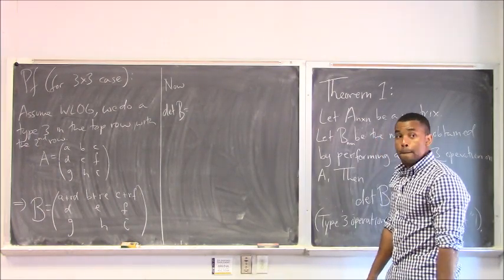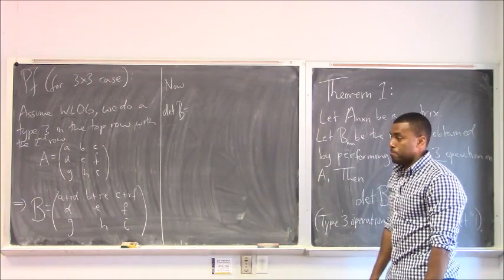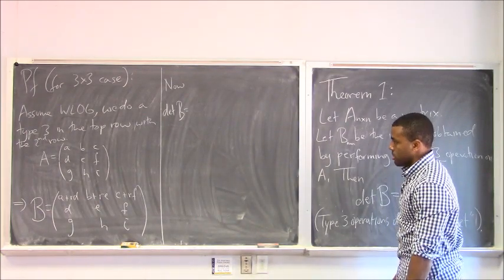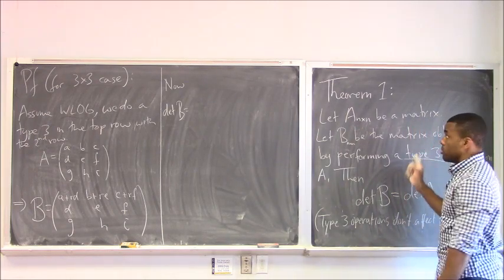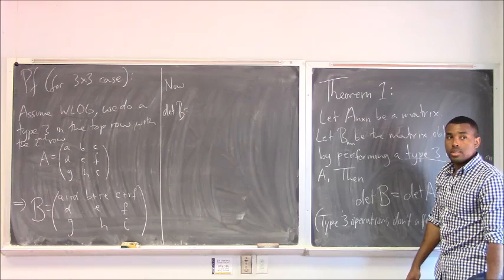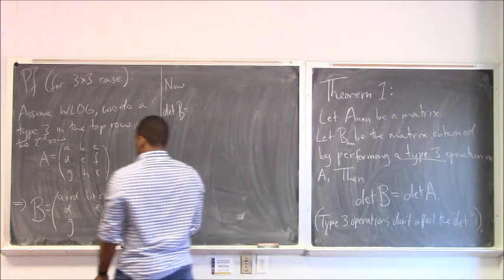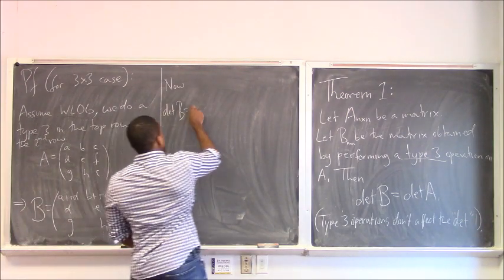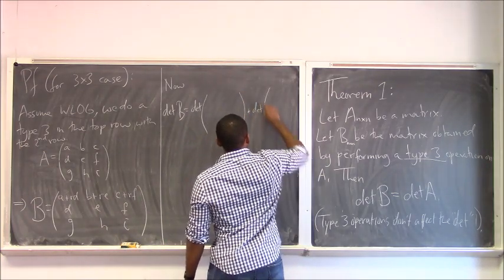Do we want to expand along the first row? No. Okay. I want to use something shorter, something more efficient. That's going to work very nicely in a larger context. And we can use the previous thing I proved. You see how to apply that? This is going to be the determinant of, it's going to be the sum of two determinants.